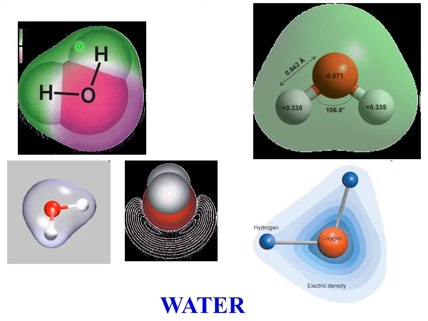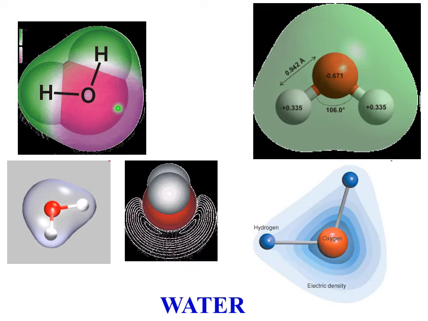Hydrogens in water molecules are slightly positively charged. That means electron density, or charge density, is located mainly in the vicinity of the oxygen atom and to a lesser extent in the vicinity of the hydrogen atoms. It does not mean that all electrons are removed from hydrogens. You can plot it in different ways.